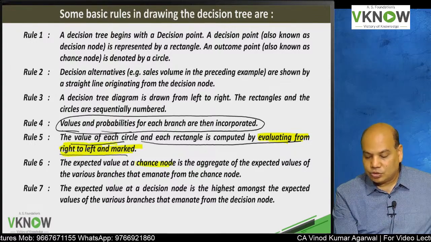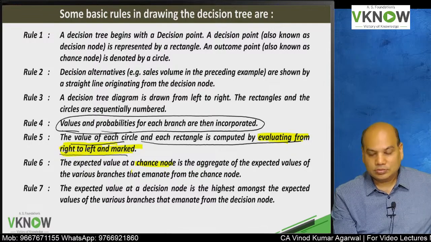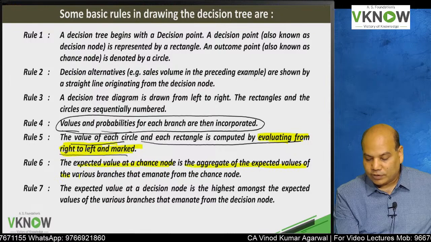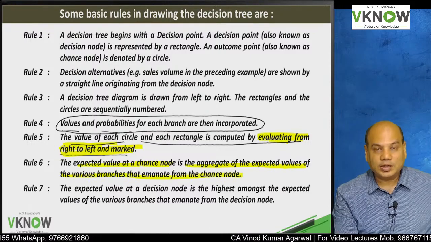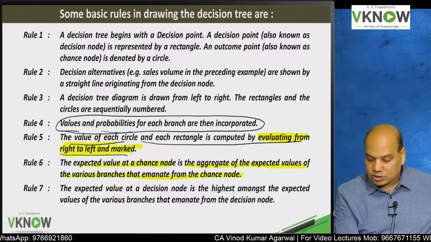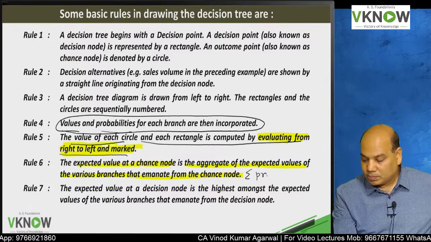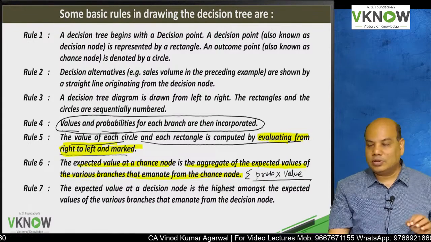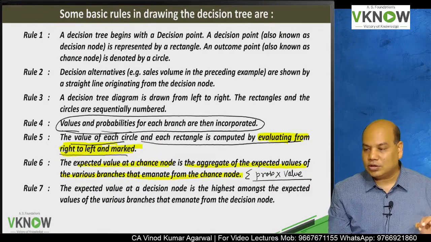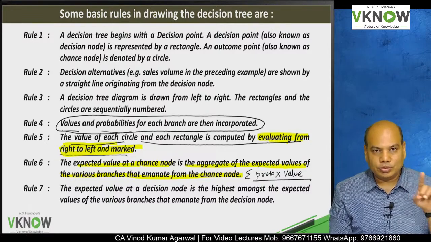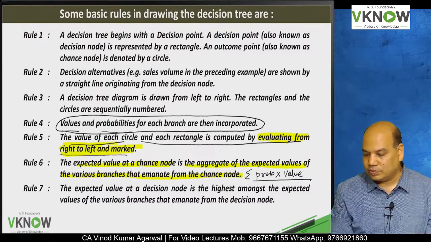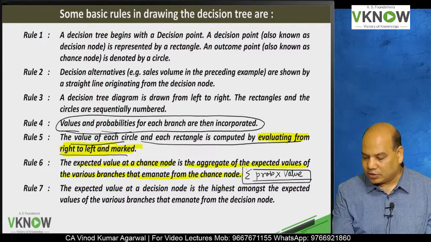If it is a chance node, an outcome node, then the expected value is the aggregate of the expected values of the various branches that emanate from the chance node, which means it is the sum of probability into values. Look at that CA versus MBA diagram. The expected value of doing the CA course was 0.2 into the value plus 0.4 into value plus 0.4 into value, and that becomes the value of the chance node.